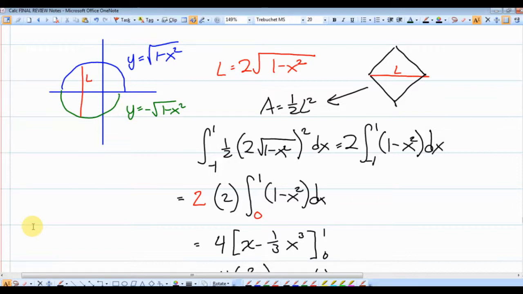So we're supposed to know that? Yeah. The other way of doing this is, if you look at the top triangle, it's an isosceles right triangle with a hypotenuse equal to L. So each leg of the isosceles right triangle is going to be L over square root of 2.